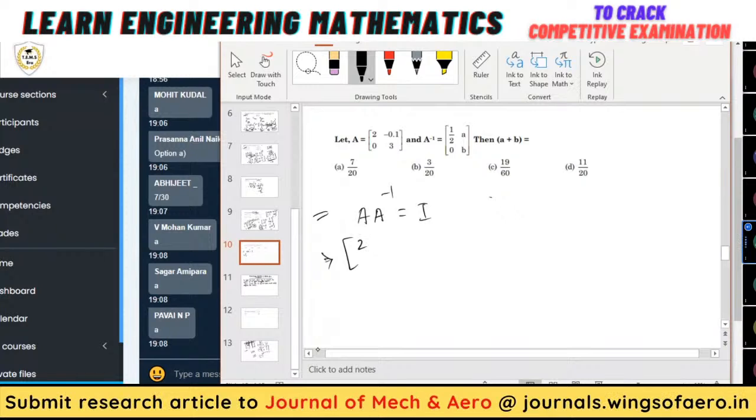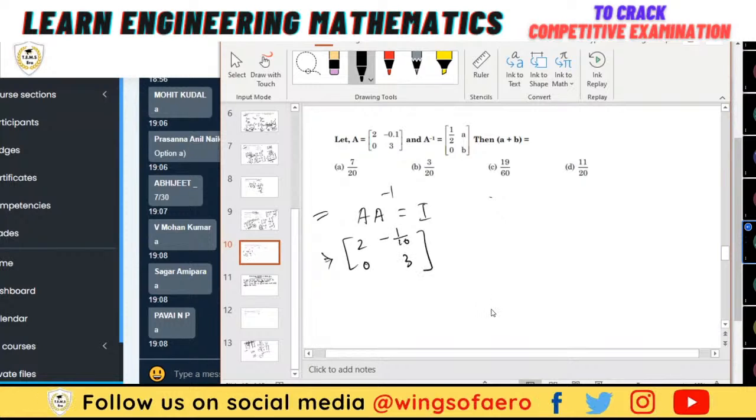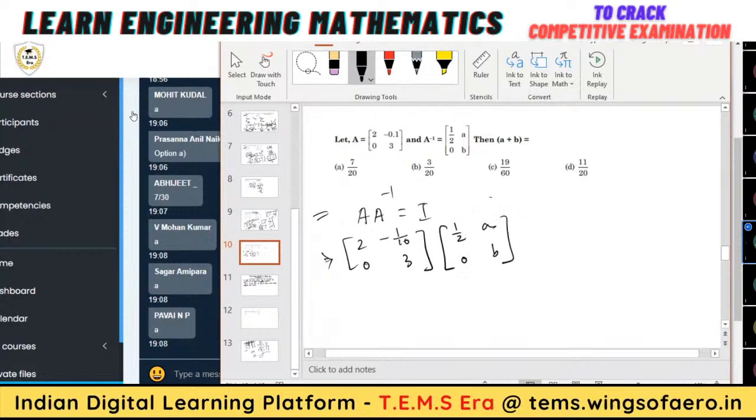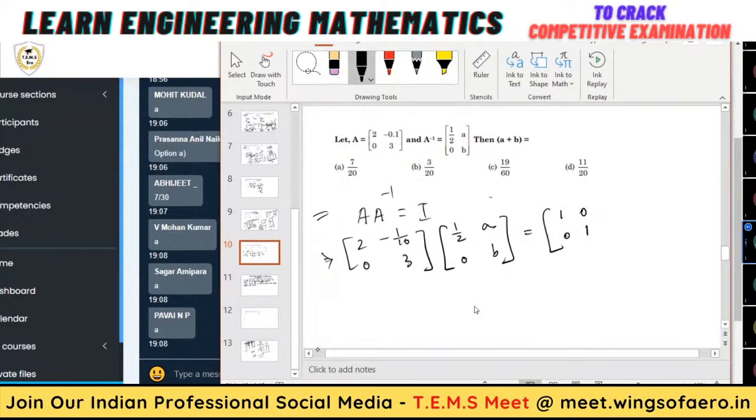I'm converting this minus 0.1 as minus 1 by 10. 0, 3. A inverse is already given to you. Half, a, 0, b, is equal to I. I means 1 0 0 1.